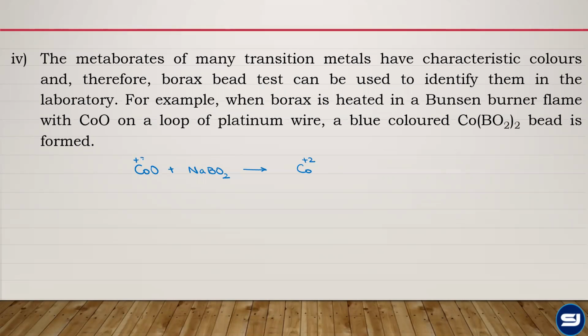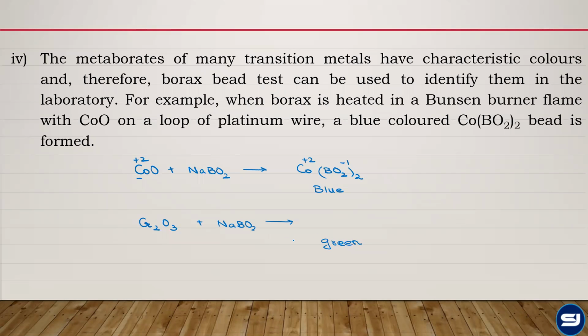Cobalt is in the +2 state and the borate is BO2-. So this formula would become Co(BO2)2, and because of the blue color we can confirm the presence of the transition metal cobalt. वैसे ही क्रोमियम का ऑक्साइड Cr2O3 can also be tested with the borax bead, and here the color which is formed is green.